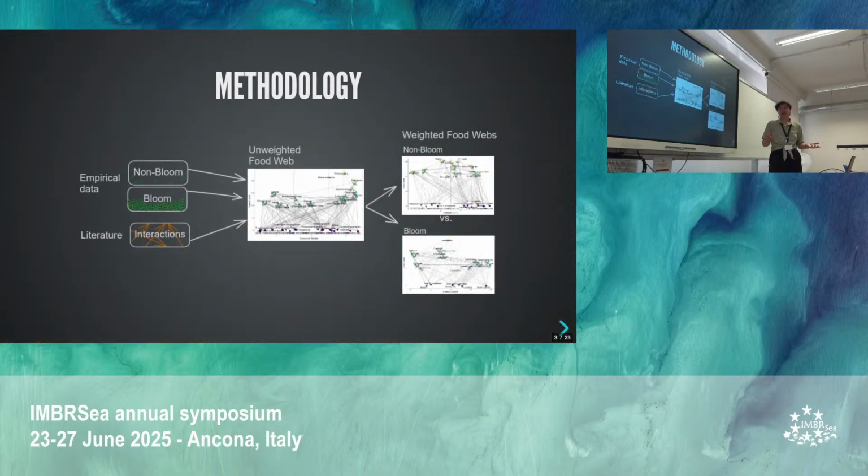My methodology in a nutshell. I got empirical data, so observations from past work, for a non-bloom and a bloom year for phytoplankton and zooplankton. Then I used those observations, so the species list that I got, to do a literature review for the interactions, so who eats whom.